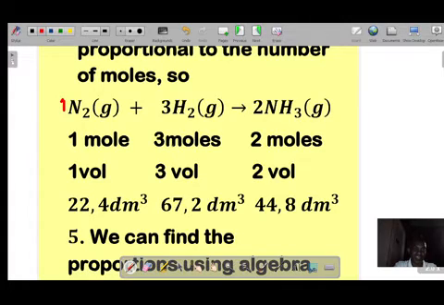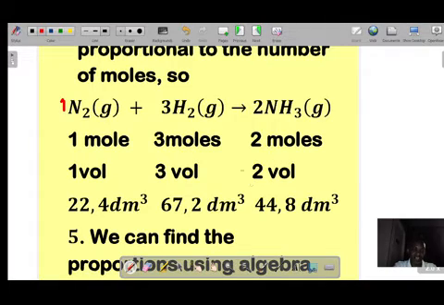Because all these are gases, please understand that moles are proportional to the volumes. So likewise, 1 volume of nitrogen gas reacts with 3 volumes of hydrogen gas to produce 2 volumes of ammonia.